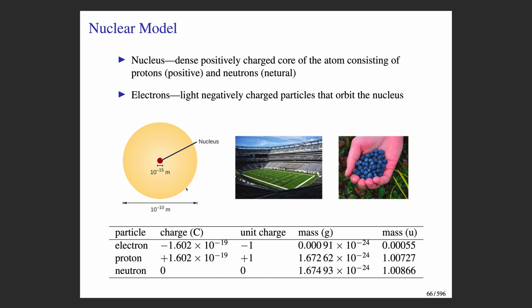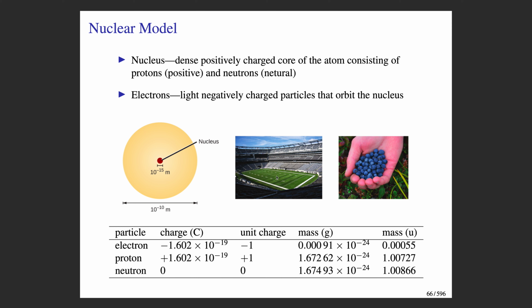And to give you a sense of the scale of things, atoms are typically about an angstrom, so 10 to the minus 10 meters. The nucleus is 5 orders of magnitude smaller. It's about a femtometer, 10 to the minus 15 meters. To put that into context, if the nucleus of an atom were a blueberry, then the size of the atom would be roughly equal to a football stadium with the nucleus at the center, and the electrons would orbit around the nucleus.